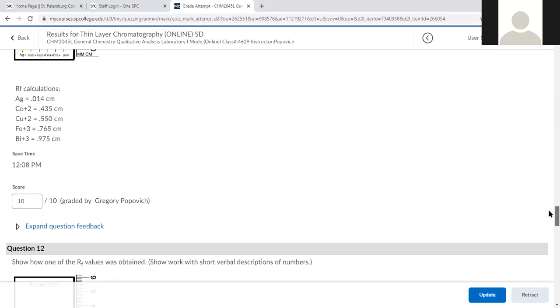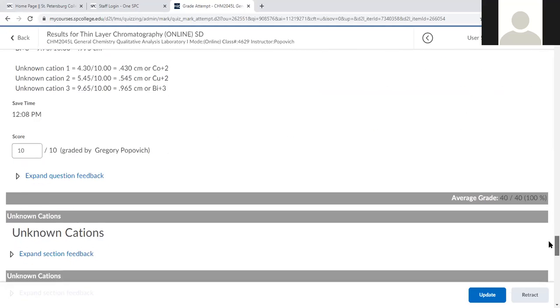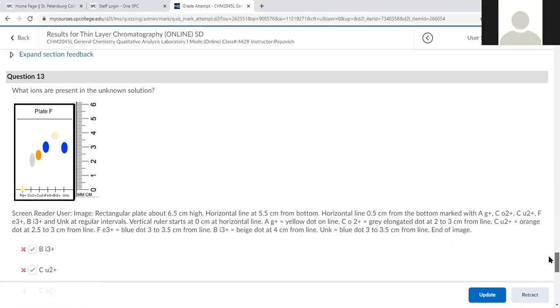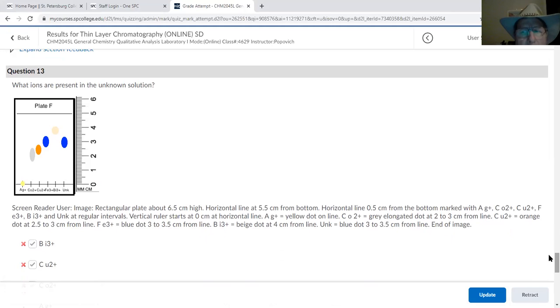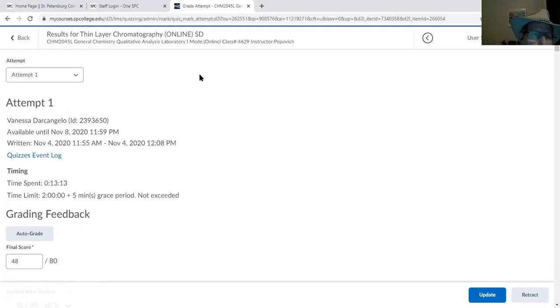I was confused because it was the results lab, so I thought we were supposed to put down what we got from ours. You didn't physically do the laboratory, did you, Vanessa? No, I didn't physically do the lab, but we had enough data to find the unknowns. That's what I did too.